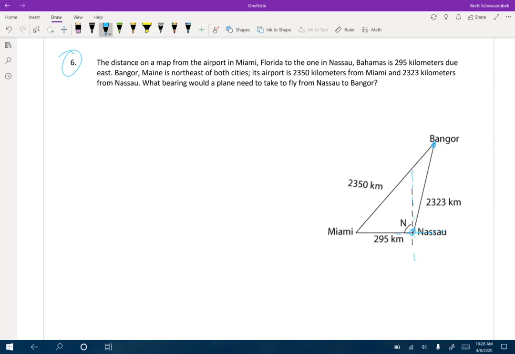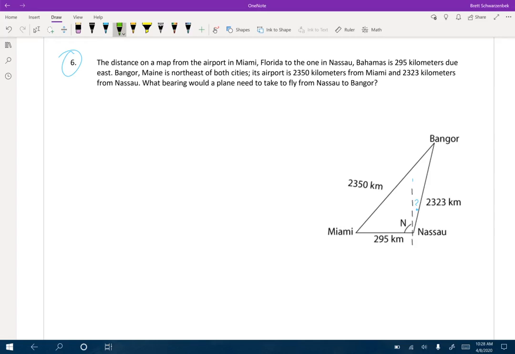It would be this little angle right here. Okay, so I'm going to get rid of all the picture for a second, all of the markings that I did. So the missing angle in this problem is this little sliver right here. Once we know that that's the missing angle, we should be able to proceed to figure out this problem.